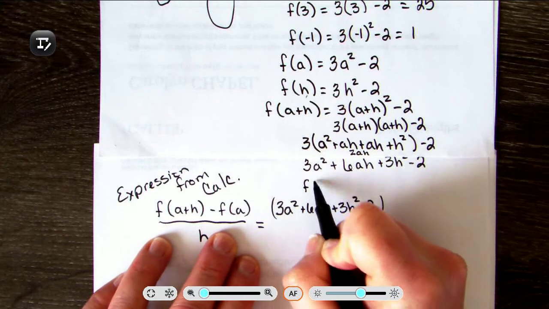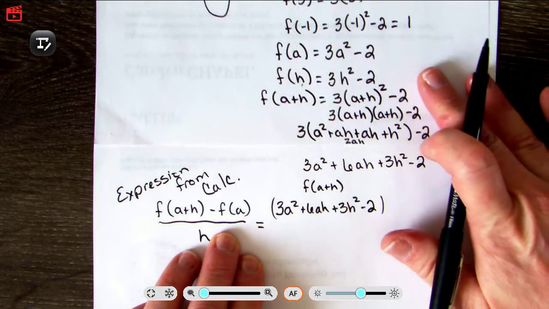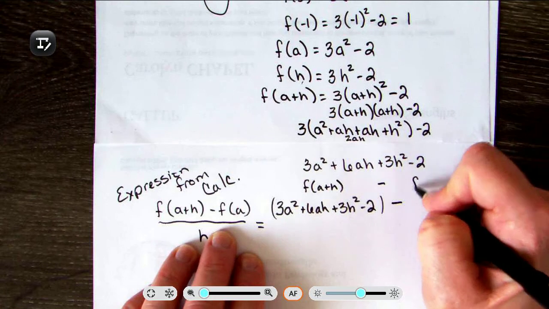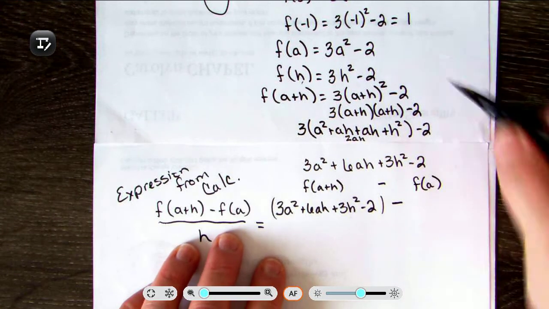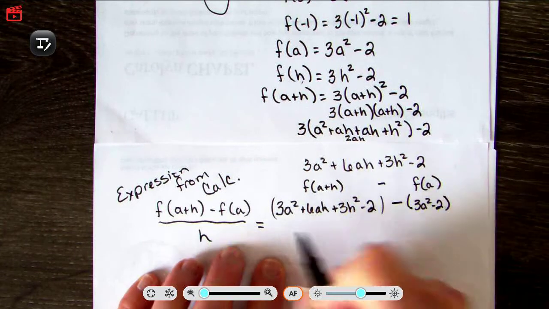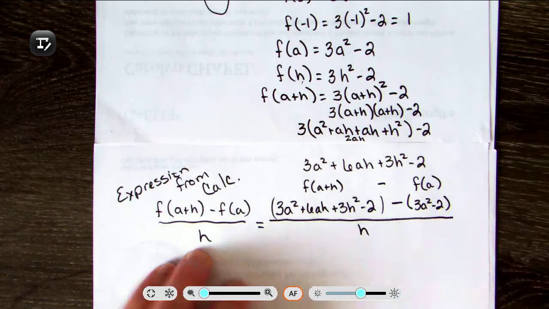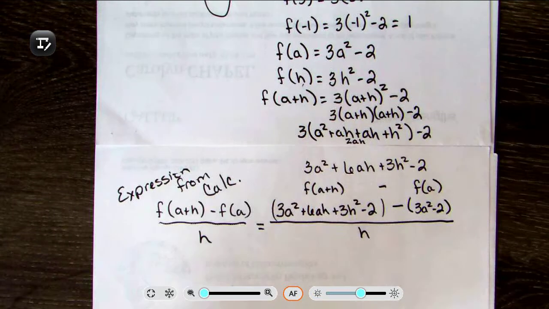So this was our f of a plus h, simplified down, which we had done before. Then we want to subtract f of a. Well, f of a we also did. That was up here. So we're going to subtract 3a squared minus 2. And then we want to take that whole thing and divide by h. Calculus will tell us why we want to do this, but now comes the algebra.